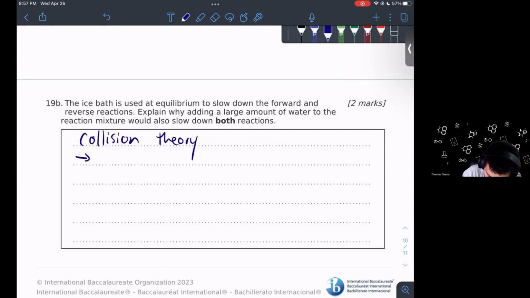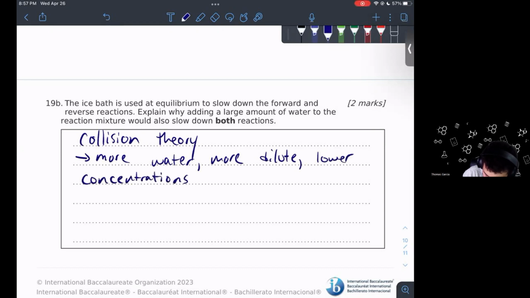So, more water, more dilute, lower concentrations, less collisions, lower rate. This is all just logical thought.